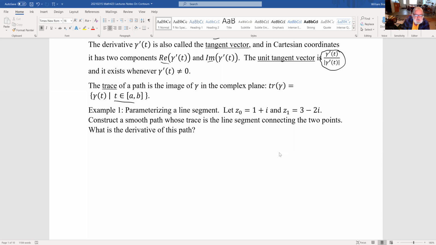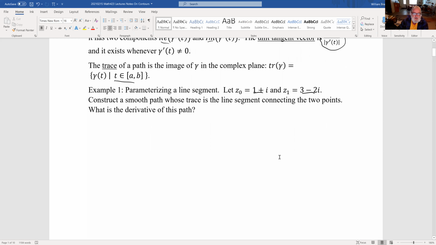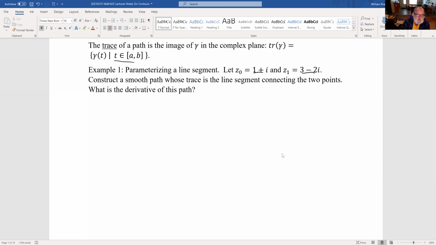So, parameterizing a line segment. z0 is 1 plus i, z1 is 3 minus 2i. What's a smooth path whose trace is the line segment connecting these two points?